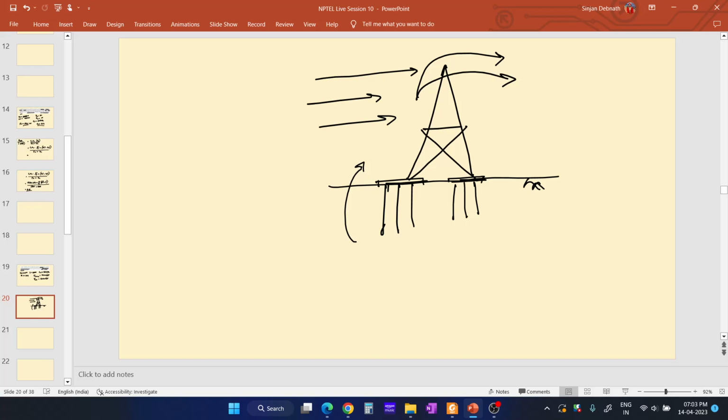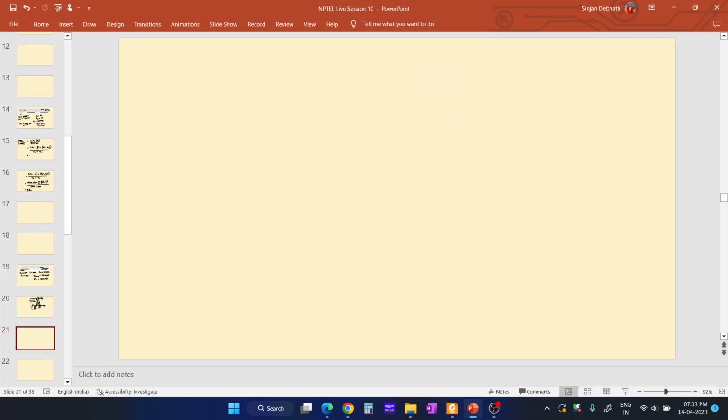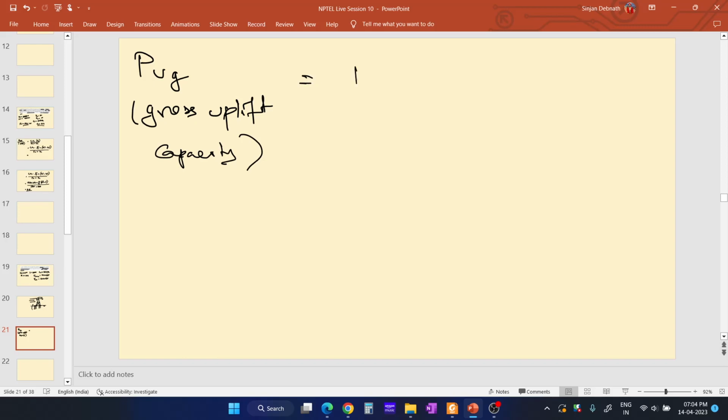So gross uplift capacity, that is the PUG, is equal to PUN, that is the net uplift capacity, plus W, that is the weight of the pile.